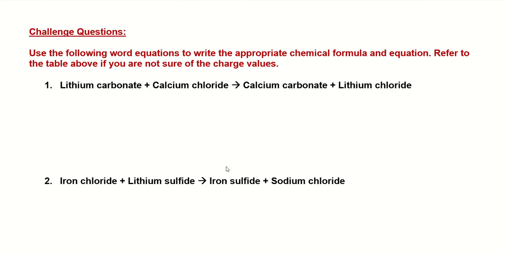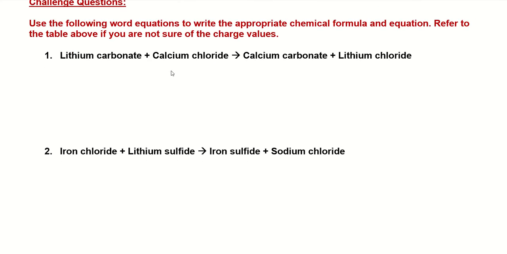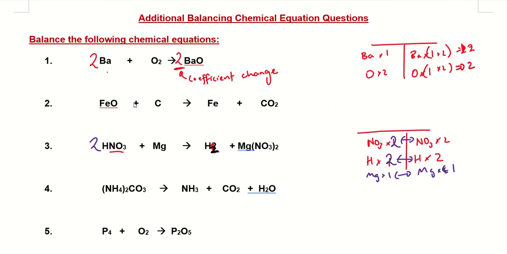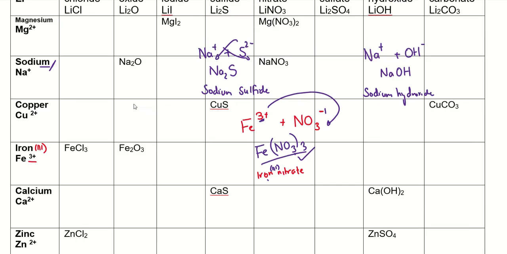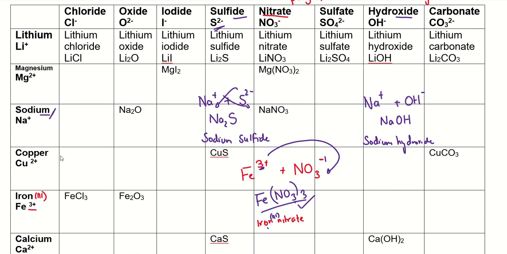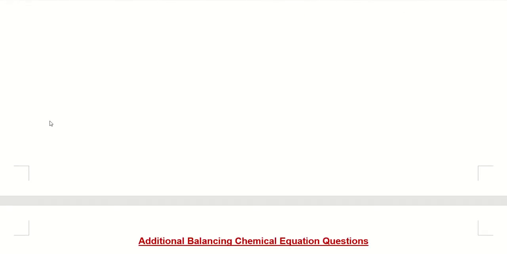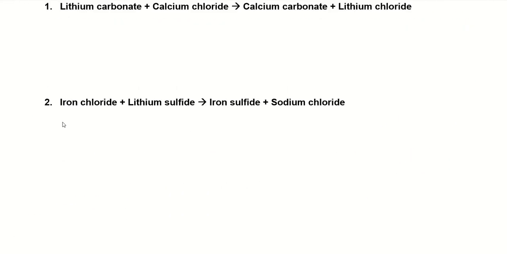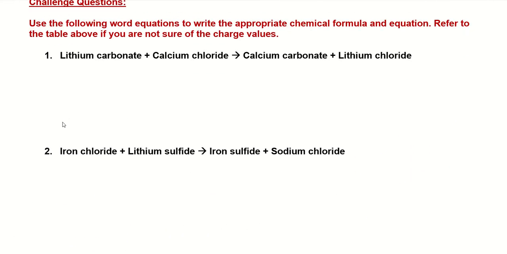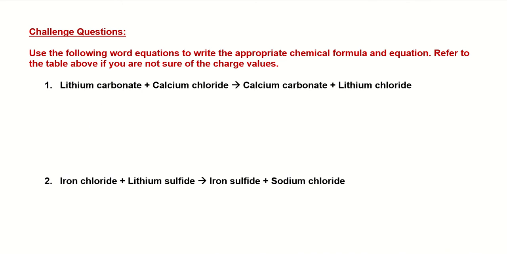Alright, a bit more of a challenge is to actually write the chemical formulas by themselves using the word equation. Okay, so what you'll need to use is the table up here using the ions to work out what the balanced chemical equations are for these following word equations here. So I'll do one and see if you can do the other.